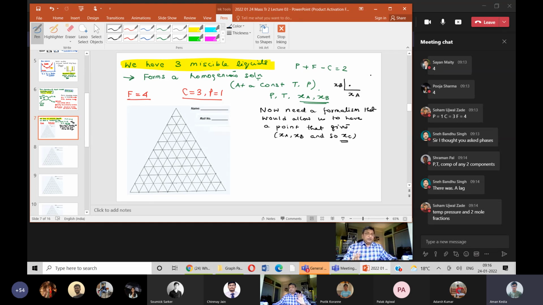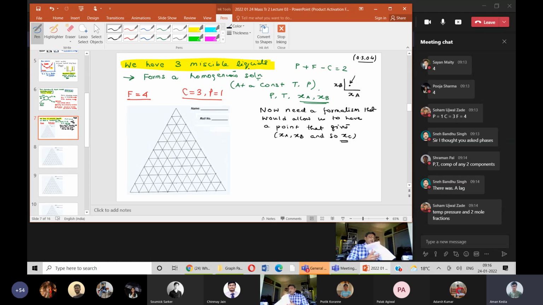So I can locate a point XA equal to 0.3, XB equal to 0.4. The total value will be 0.7. You subtract 0.7 from 1, and then indirectly you can say XC is equal to 0.3. But you cannot plot or physically show all three compositions together.